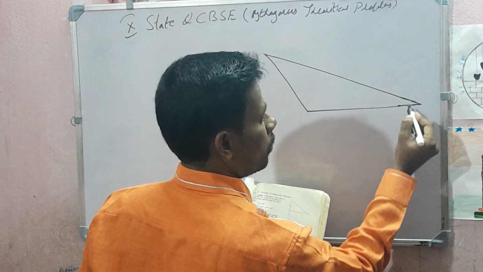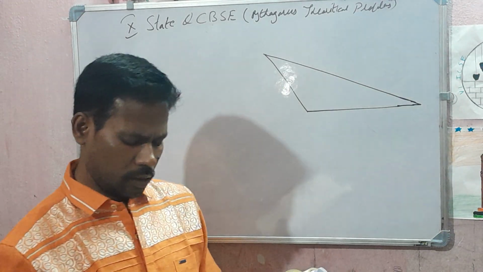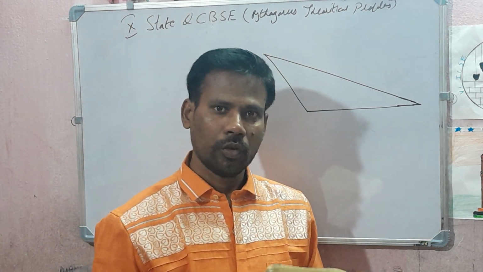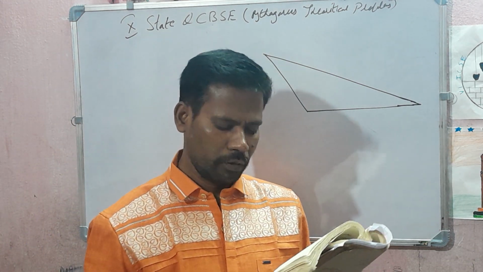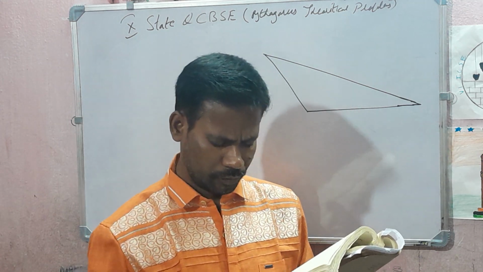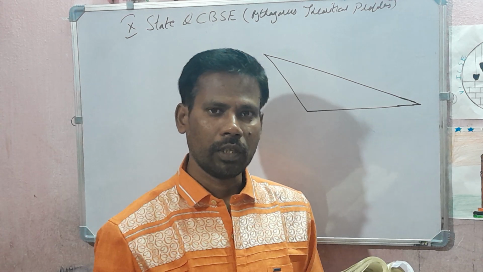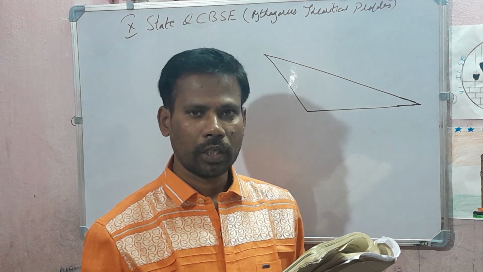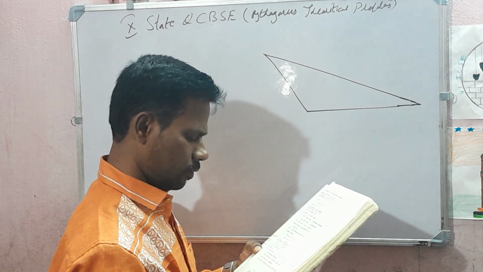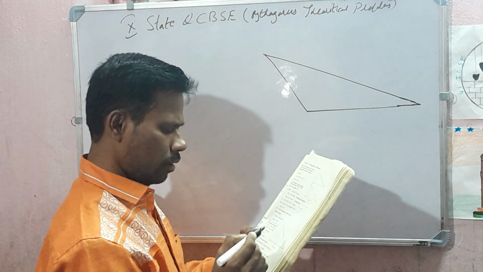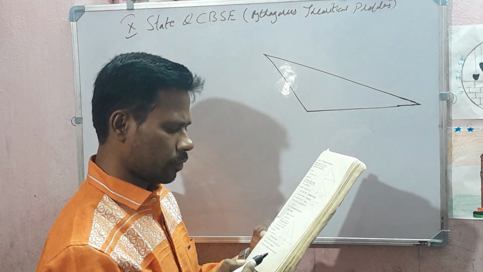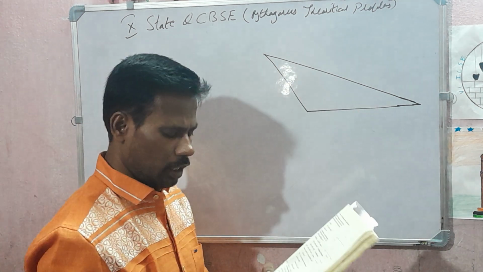Obtuse angle means an angle lying between 90 and 180, more than 90, less than 180. So triangle ABC is an obtuse triangle.